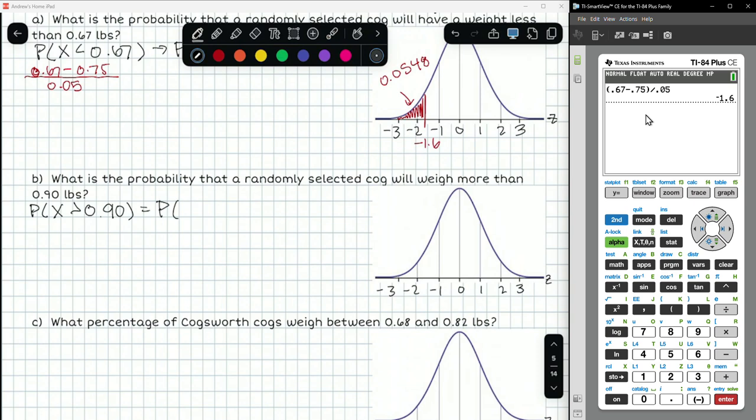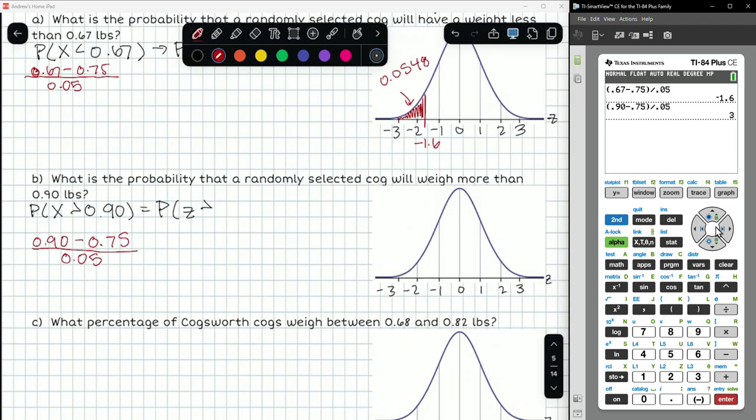And I want to turn that into Z is greater than, and we need to convert 0.9 to a z-score. So 0.9 minus the mean of 0.75 divided by 0.05. I'm lazy. I'm going to pull my answer from the last problem and just change this to 0.90.